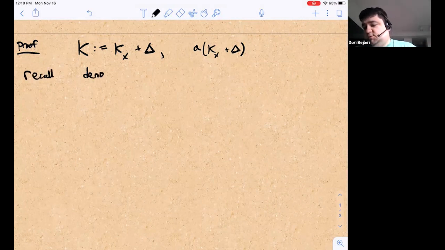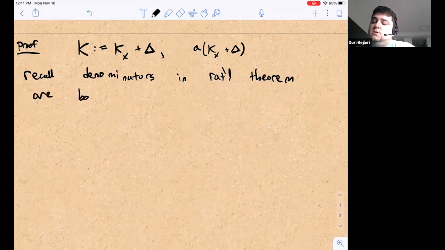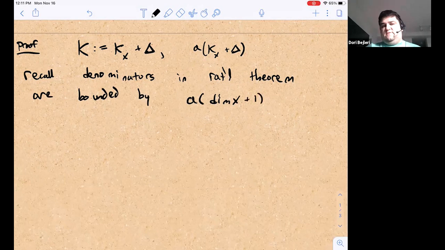So specifically, recall that the denominators in the rationality theorem are bounded by A times (dim X plus 1). And the point is that this number is independent of the particular divisors we plugged into the rationality theorem.